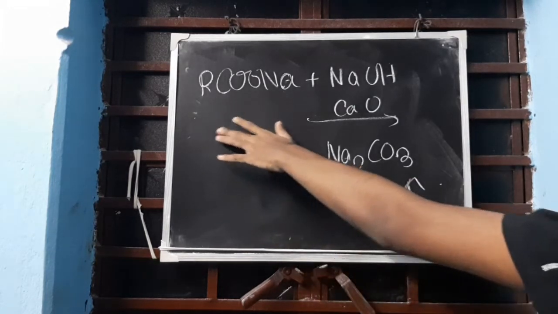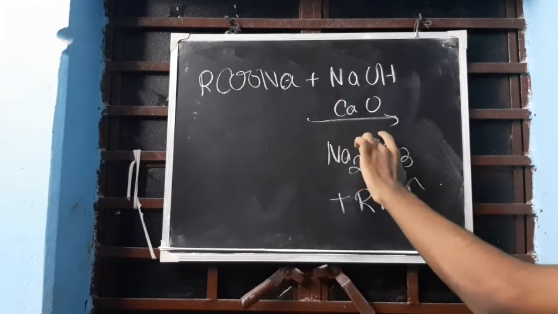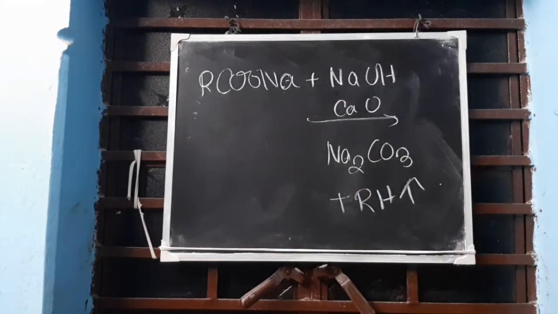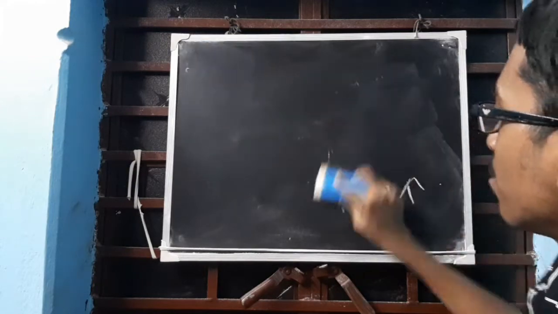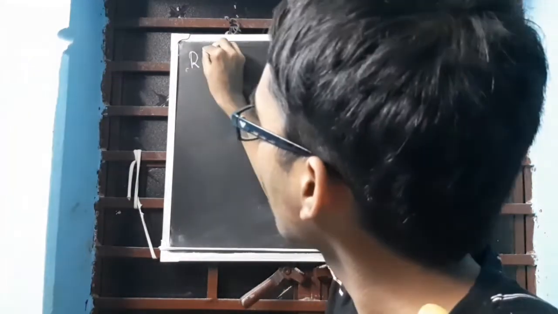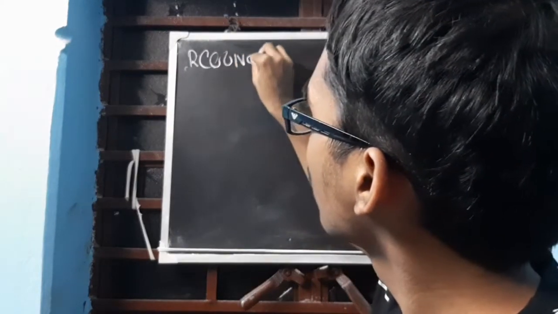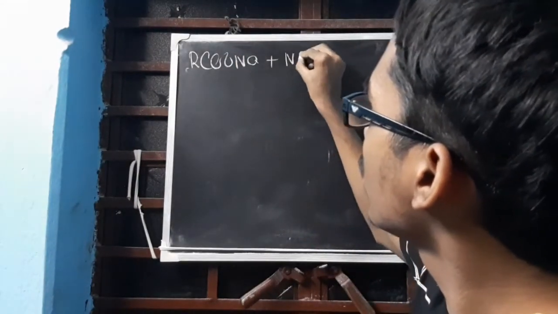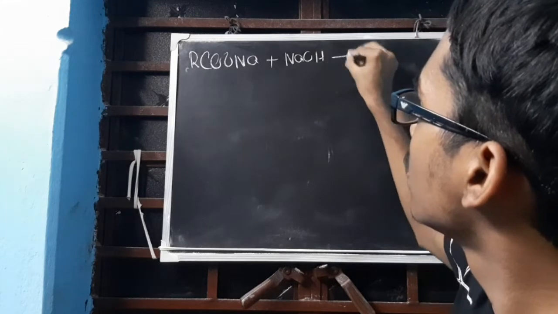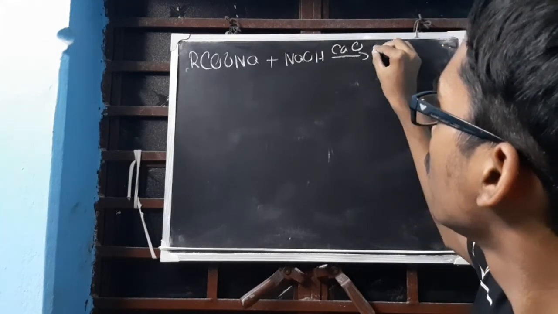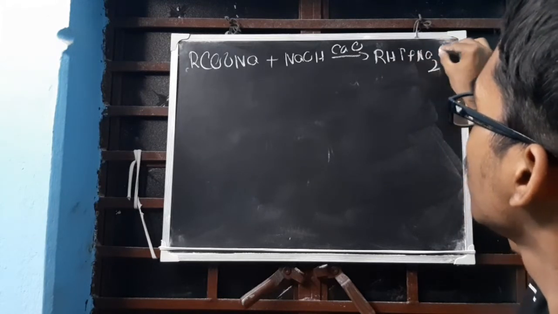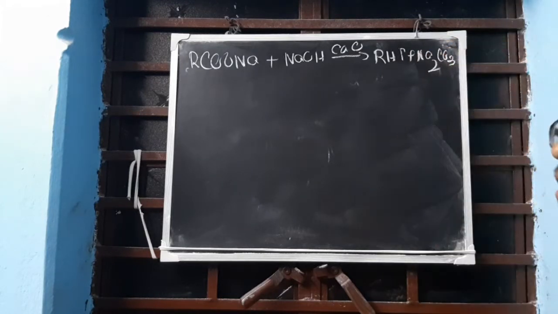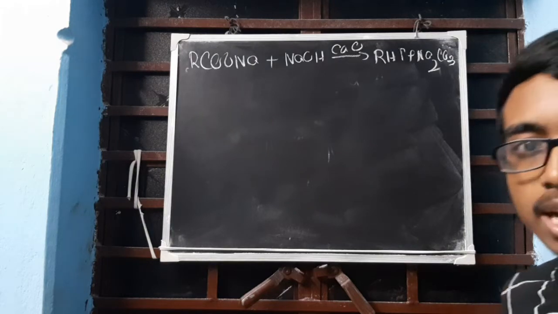I wrote RCOONa plus NaOH, CaO, giving Na2CO3 plus RH. Now whatever be the R value, we will put that value. See the example first. RCOONa plus NaOH, CaO, gives RH plus Na2CO3. R is an alkyl group.